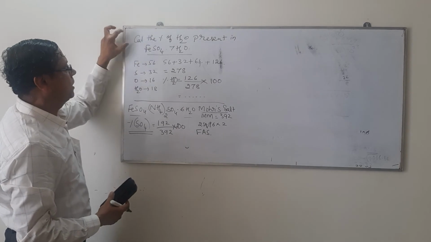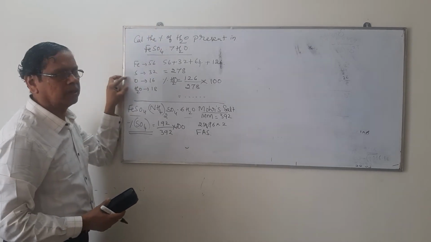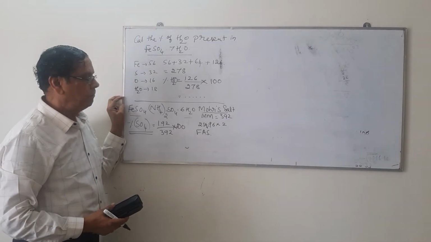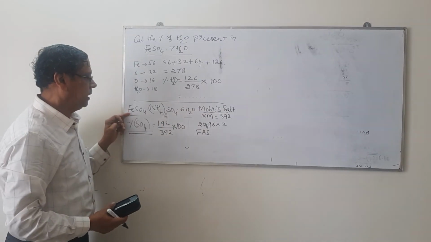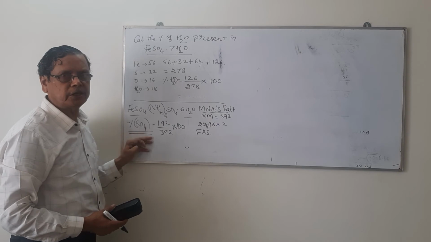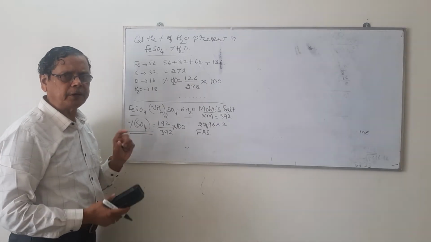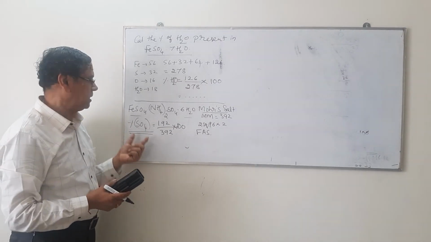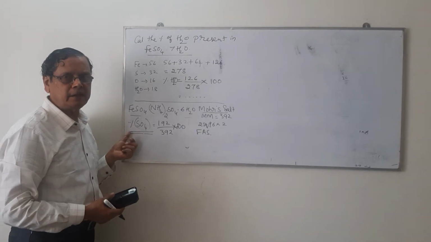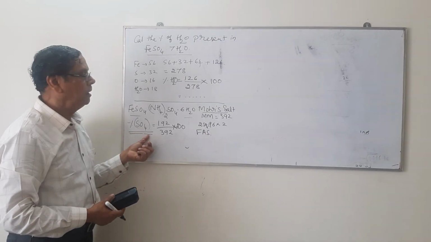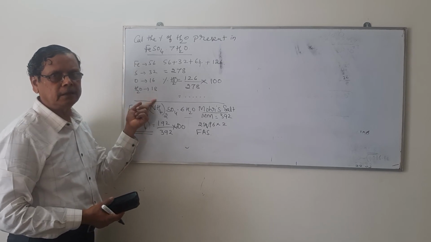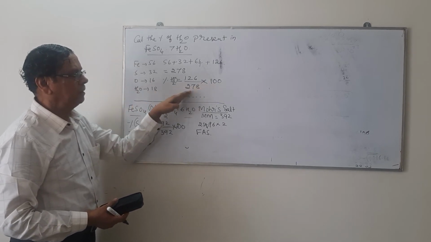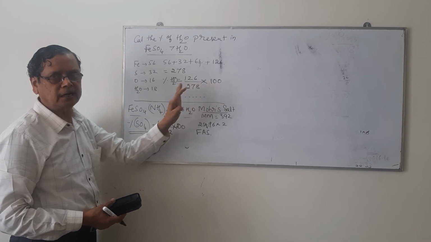Now, once you calculate the percentage composition of these elements, by knowing the molecular formula, molecular mass, etc., we can calculate the percentage composition of these elements or a particular part of the molecule. As in this case, we are calculating the parts by mass of the sulfate group. In this case, we are calculating the parts by mass of the water among the total mass, that is 100 grams.